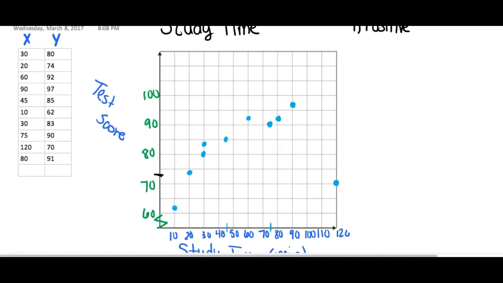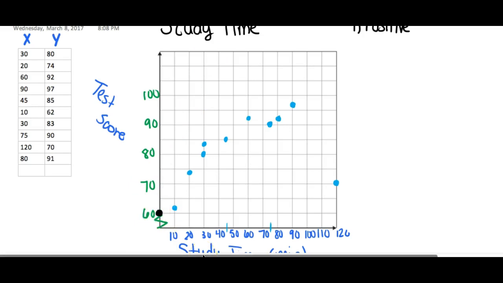You might be looking at it going, no, that looks more like a 74. So we have to be careful, which is why a whole point makes it a little bit easier. I'm going to try really hard to make it right here.